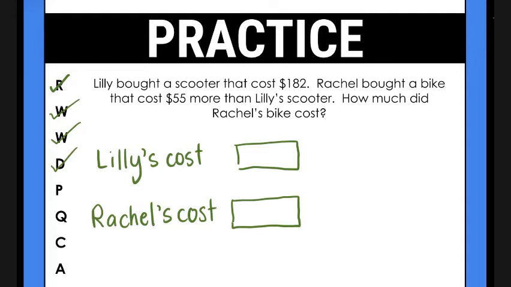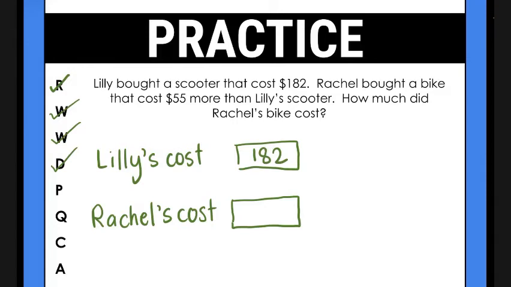Plug in information. So I'm going to go back and read sentence by sentence to plug in all the important numbers that I need. So the first sentence says, Lily bought a scooter that cost $182. Think about which unit bar that would go in. That would go in Lily's unit bar. My next sentence says, Rachel bought a bike that cost $55 more than Lily's scooter. So how do I show that Rachel's cost $55 more?